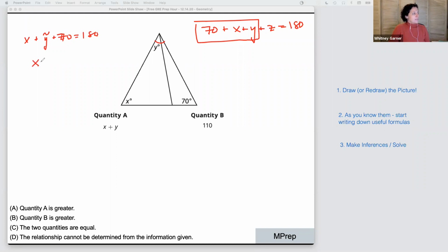So X plus my fake Y would be 110. But my fake Y is bigger than my real Y, which means that the sum of these two angles actually has to be less than 110. So quantity A will always be smaller, at least by some amount, than 110. And so the correct answer, the larger side, is quantity B.